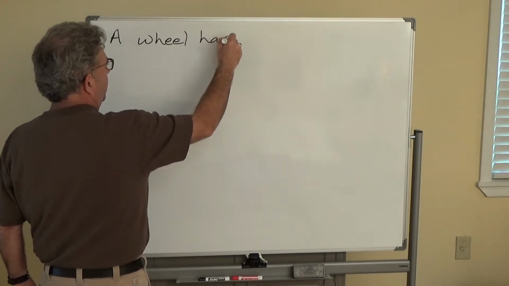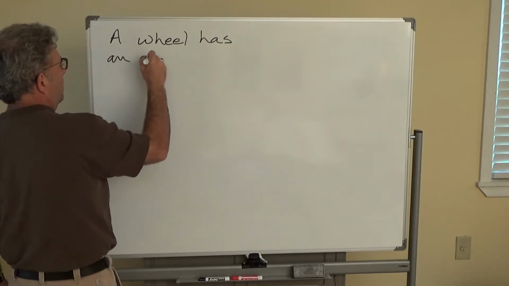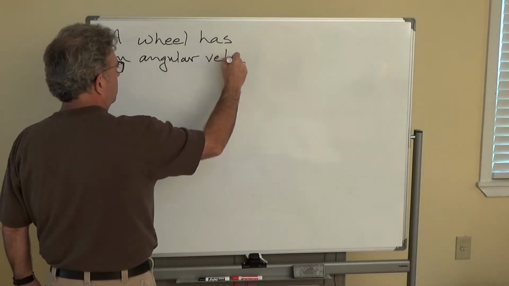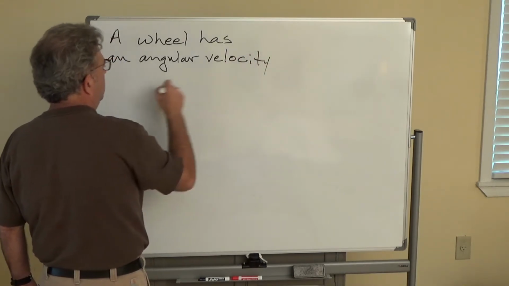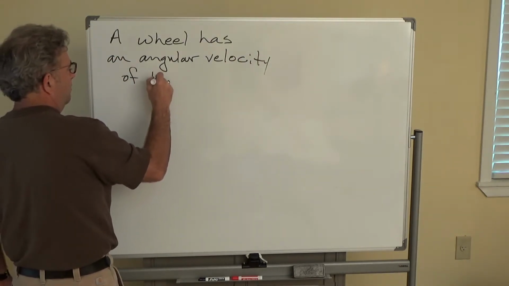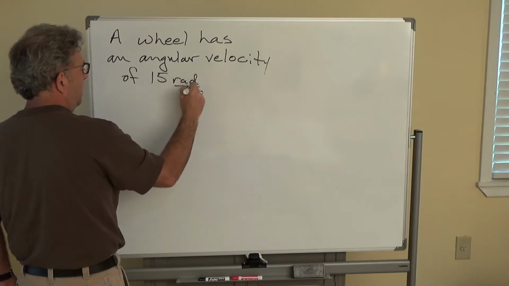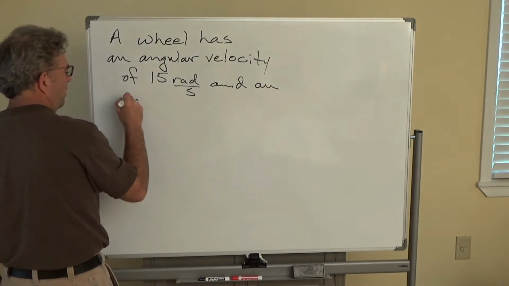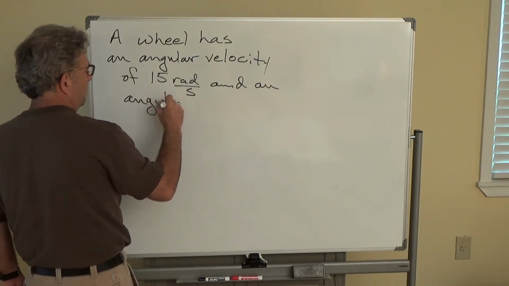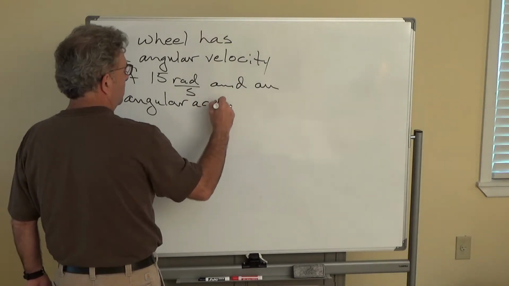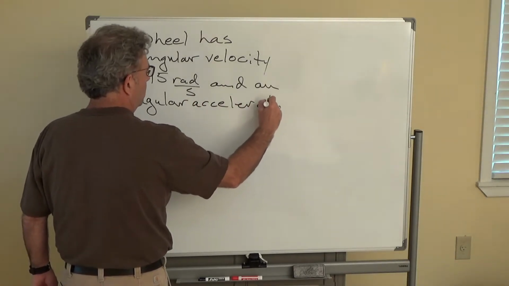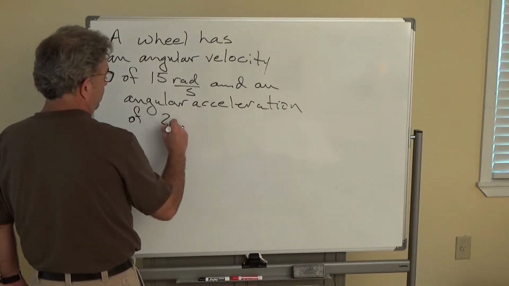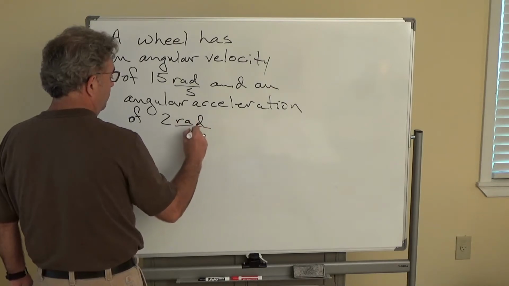A wheel has an angular velocity of 15 radians per second and an angular acceleration of 2 radians. Oh, I didn't give you the units for.